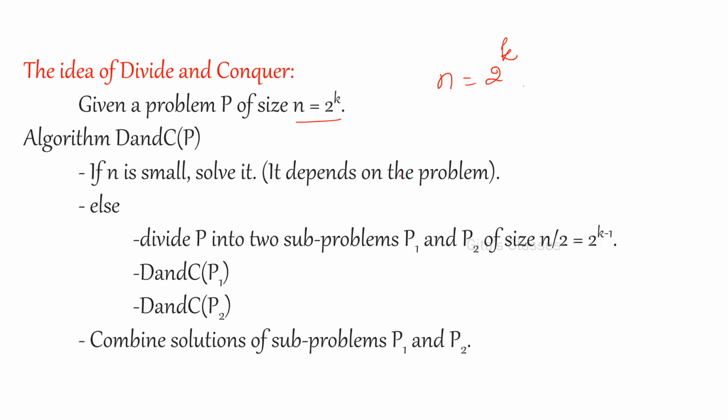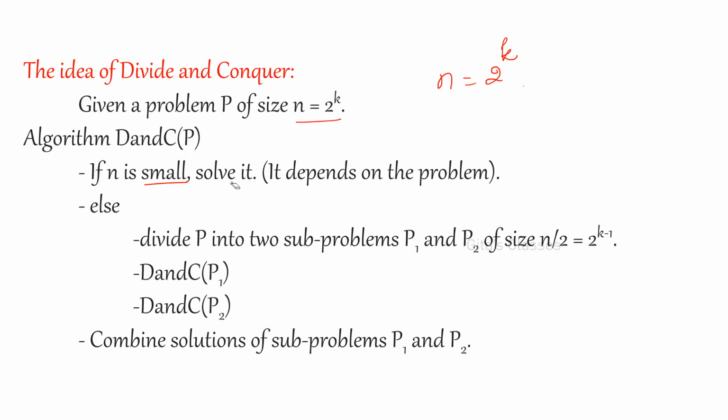It depends on the problem. For some problems n = 1 may be small, for some n = 5, for some even n = 20. Depending on the given question, if you feel it is small, solve it directly.